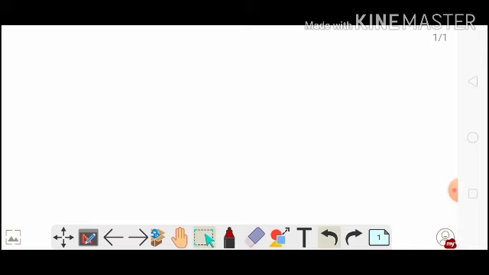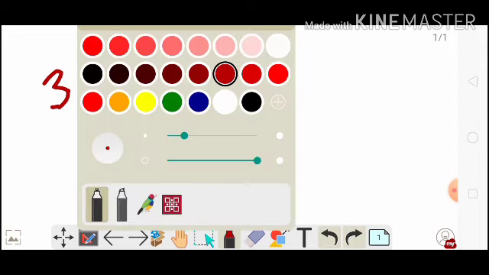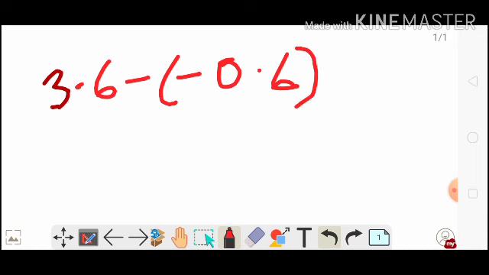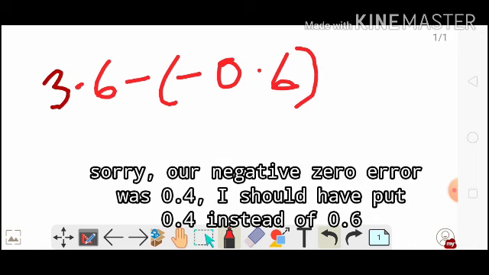That means 3.6, that is the observed reading, minus, because the zero error is negative here, so we'll put the negative sign, minus 0.4. The entire calculation is in mm, so this gives me the result 4.0 mm, or you can write it as 0.40 centimeter.